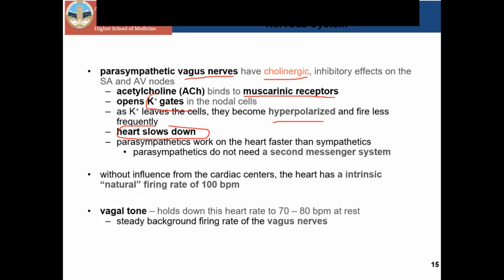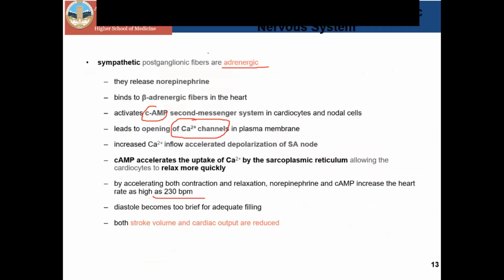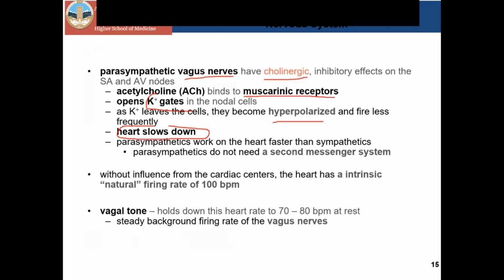These vagus nerves act faster because the acetylcholine they produce directly opens potassium gates. If we compare with adrenergic, they need to activate cAMP, and only after that cAMP activates these channels, and channels open and increase calcium level. Parasympathetic is faster.